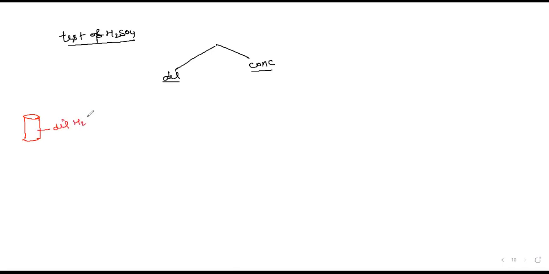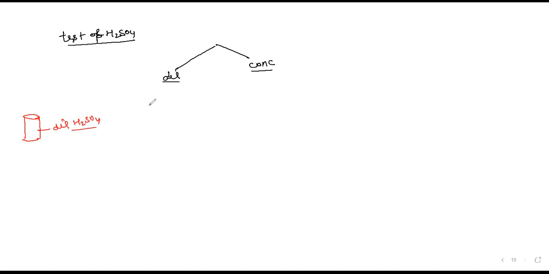Beta, we can do the test of H2SO4 in two ways: first for dilute H2SO4, and the next for concentrated H2SO4. Dilute H2SO4 is a transparent liquid, and concentrated H2SO4 is a yellowish liquid. Let dilute H2SO4 be present in this test tube, and we want to find out whether it is present or not.